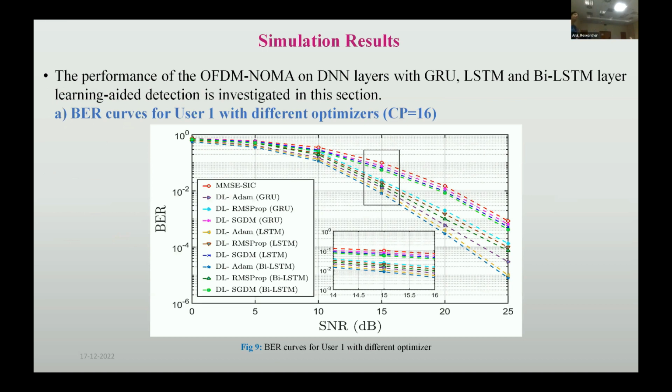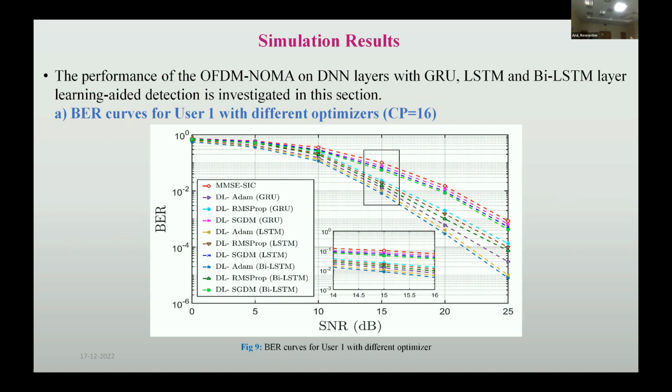The simulation is carried out for each of the combinations of different structures and different algorithms, and is compared with the basic structure, that is MMSE SIC, minimum mean square error for the successive interference cancellation technique. And we see that the performance is much better than MMSE SIC if we use these deep learning techniques.